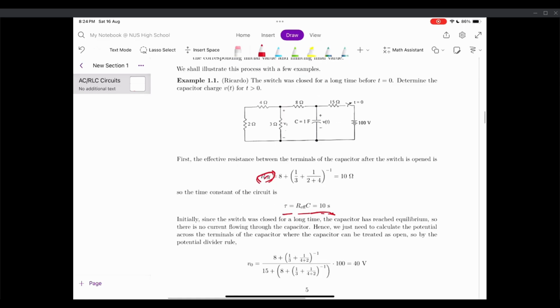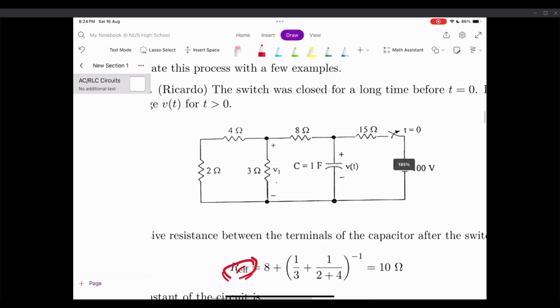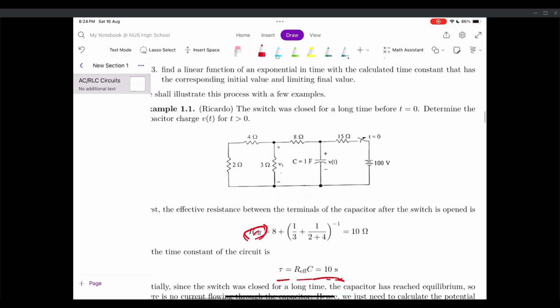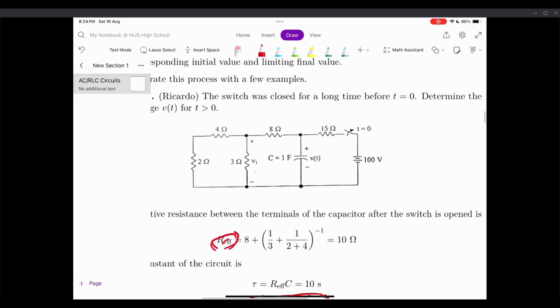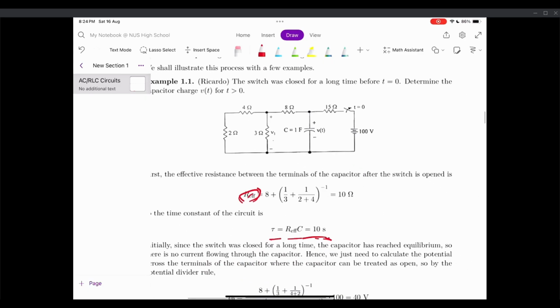In this case, your initial value is this because before it was flipped, it was closed, then it was opened at t equals 0. So before that, since it was closed, you want the potential difference across the capacitor as it charges up.